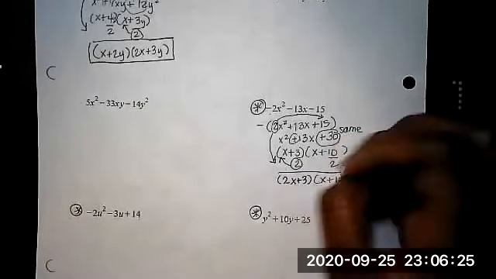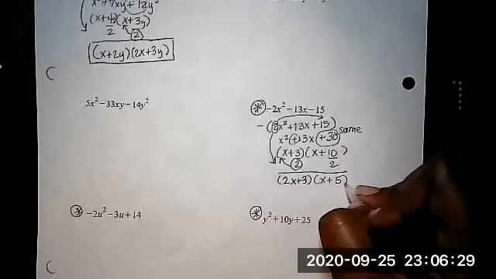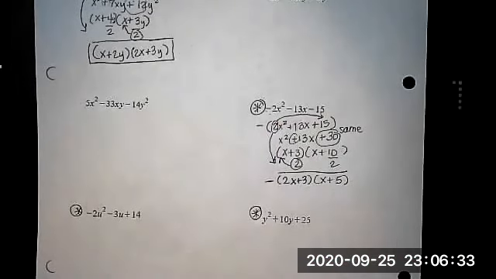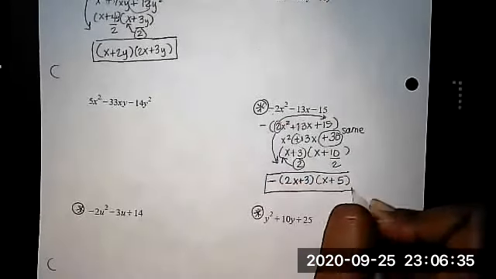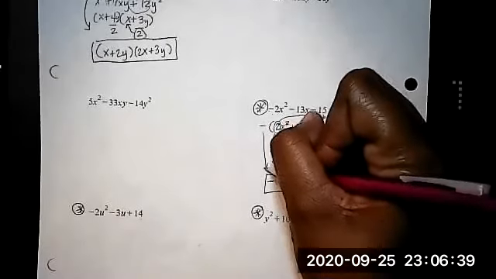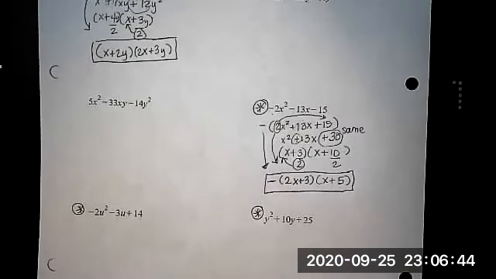X plus 5, because 10 divided by 2 is 5. Don't forget this negative. The negative stays out front. The whole thing with the negative in front is our answer. Okay? We brought this negative straight down. We didn't forget about it. It was up here. We took it out, and we have to bring it down. That's going to be in our answer.